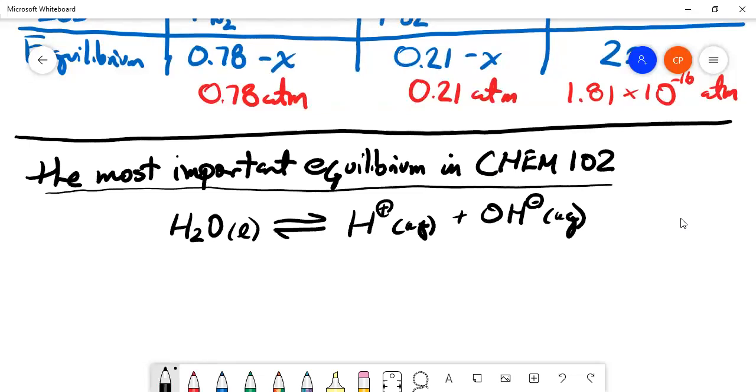Okay? For organic chemistry reasons, I actually prefer a different variety of this particular equilibrium.